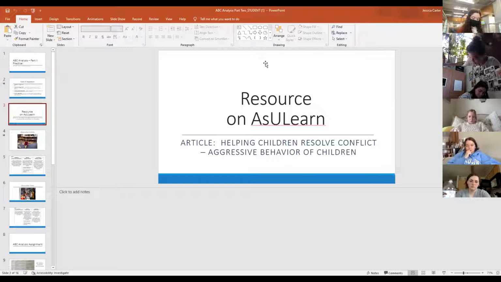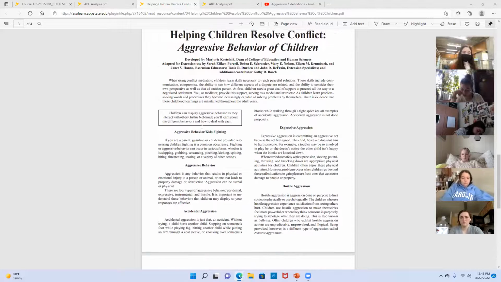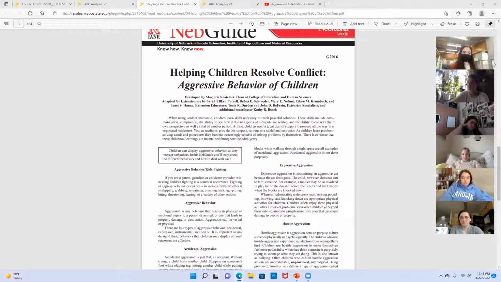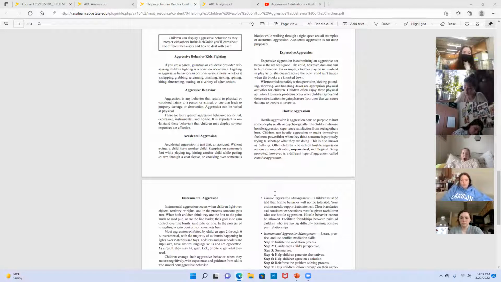Just to draw your attention to a resource that's posted to the course page, there's an article called Helping Children Resolve Conflict. And I think you can see that now. It's just like 2 pages, I think, but it breaks down these different types of aggression and gives some strategies for how to manage them.